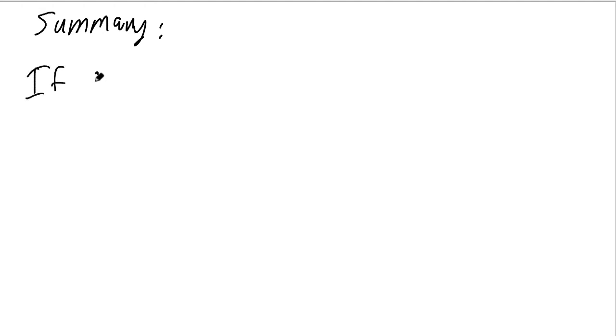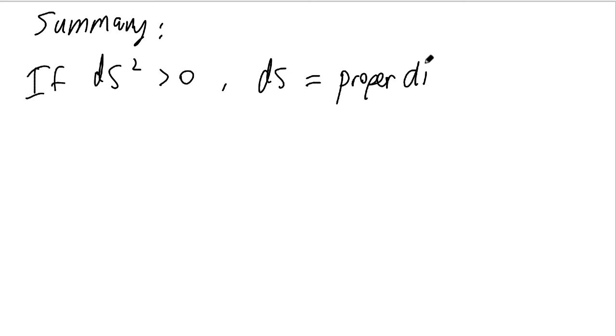If ds squared is positive, then the events are space-like related, and ds is the proper distance between events.